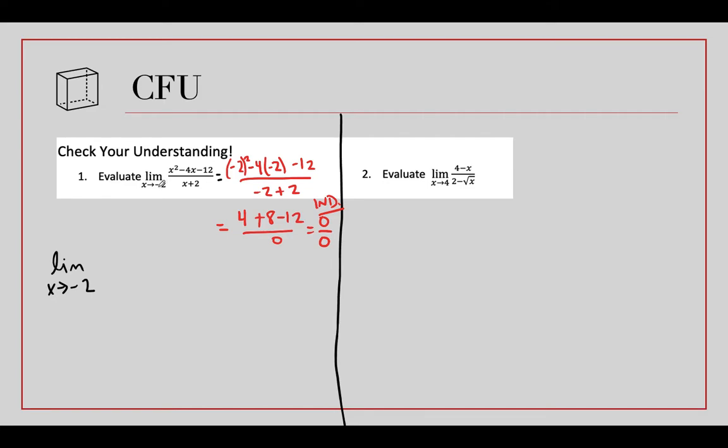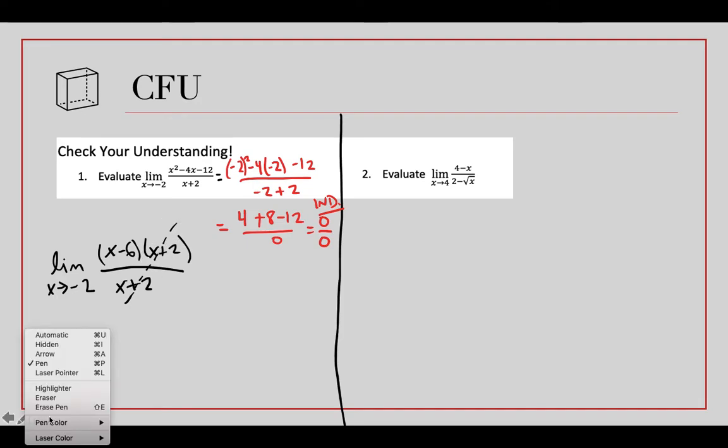And one of them has to be negative in order for it to be -12. So I could do x minus 6 and x plus 2. That sounds right, because -6 plus 2 is -4 and -6 times 2 is -12, all over x plus 2. And we're in luck because that cancels out.